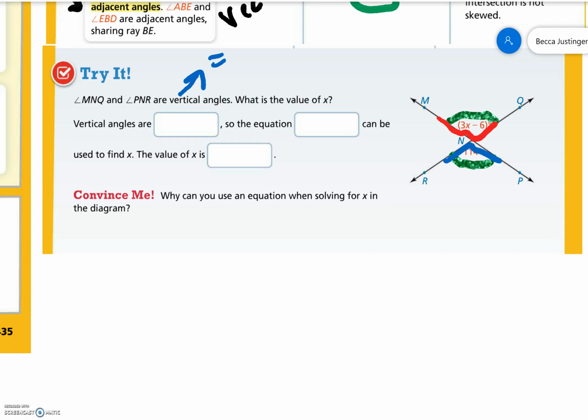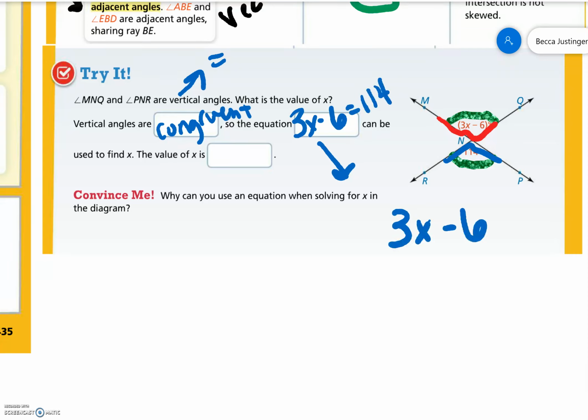So vertical angles are congruent. Congruent means equal. So the equation 3x minus 6 equals 114 can be used to find x, but we'll rewrite it down here so we can solve for x. We've been practicing this all year, getting x by itself.